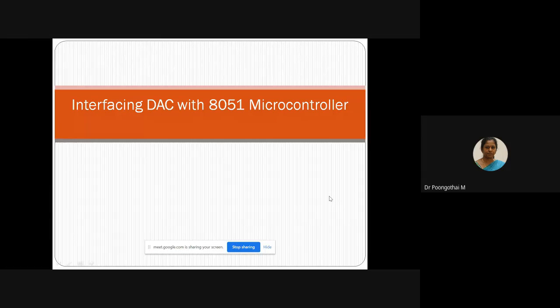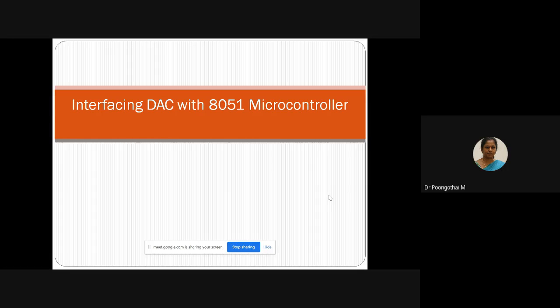So microcontrollers are used in a wide variety of applications like measuring and controlling physical quantities like temperature, pressure, speed, and distance, etc. In these systems, a microcontroller generates output in digital form.